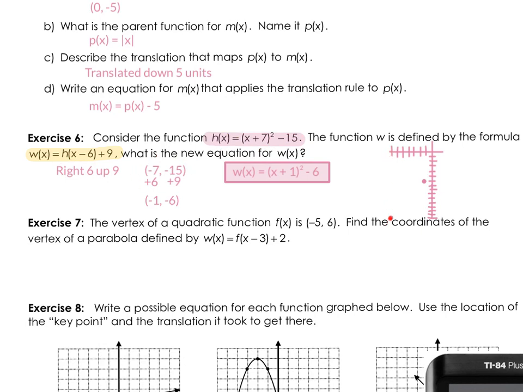And then I said, if it moves right 6, so right 1, 2, 3, 4, 5, 6, and then up 9, it went to this new point, (-1, -6), so that's where this would have come from. And you would see that if you put this in y2. So it's a really tricky concept. Hopefully one method works for you to identify the change and write the new equation.